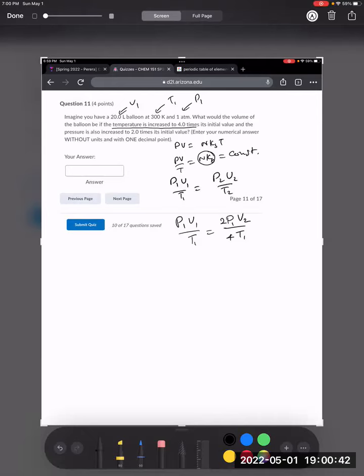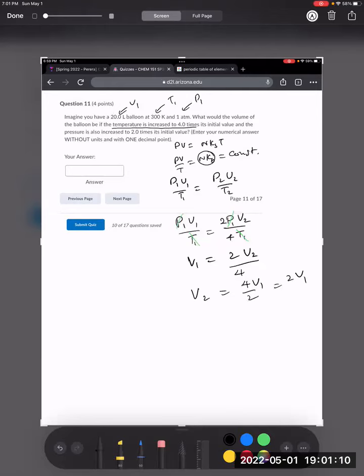So what we can do is cancel out P1 with P1, T1 with T1, and then we can rewrite this as V1 is equal to 2 times V2 divided by 4. Therefore, V2 is equal to 4 times V1 divided by 2, which is 2 times V1.